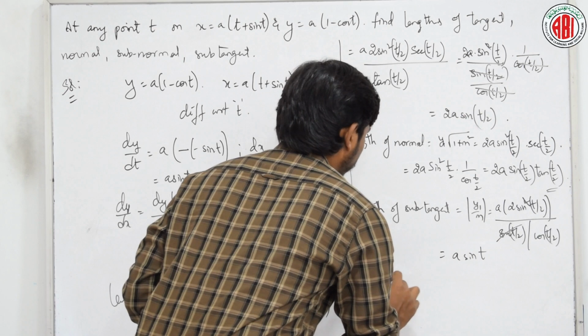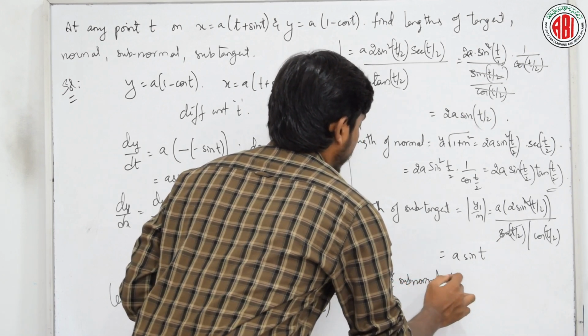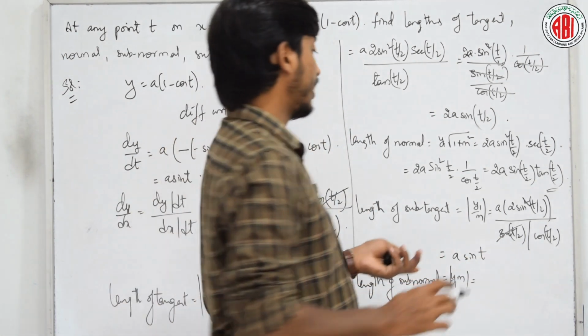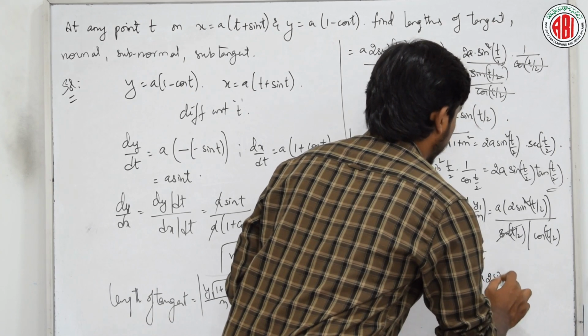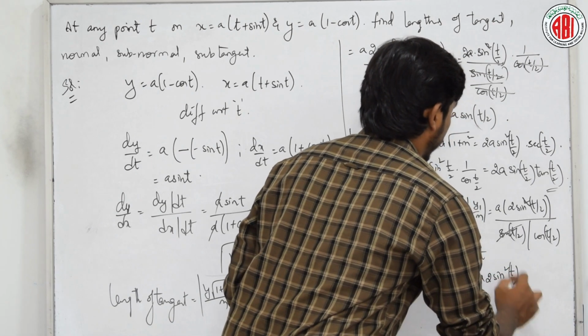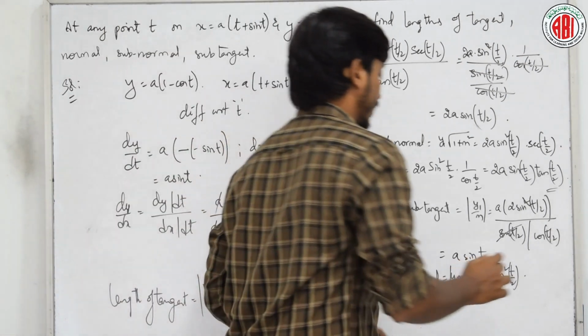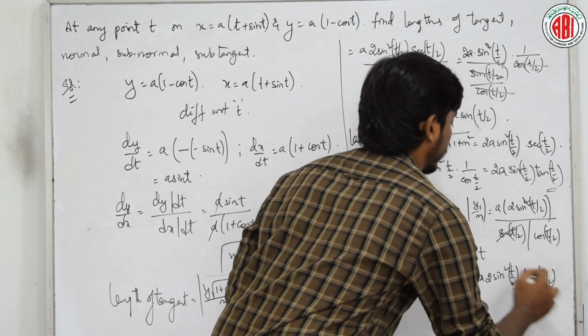Similarly, the length of subnormal is equal to y1 into m. What is y1? That is 2a sin square t by 2, into m, which is tan t by 2. Let us write tan t by 2 only.